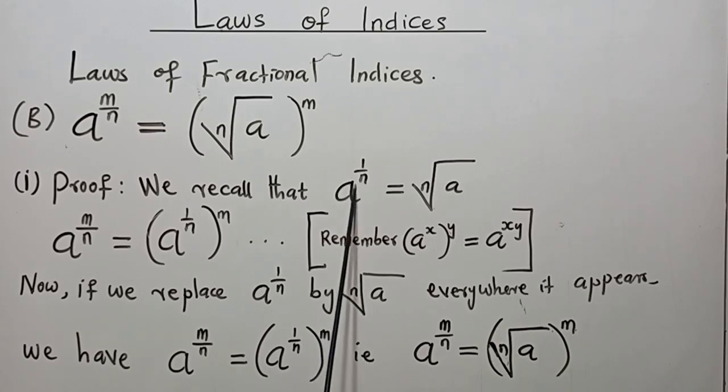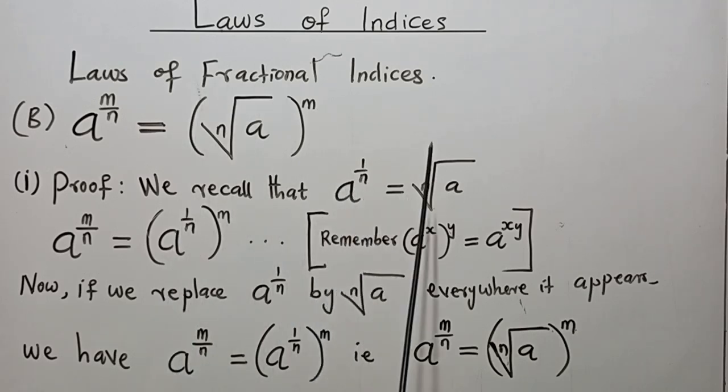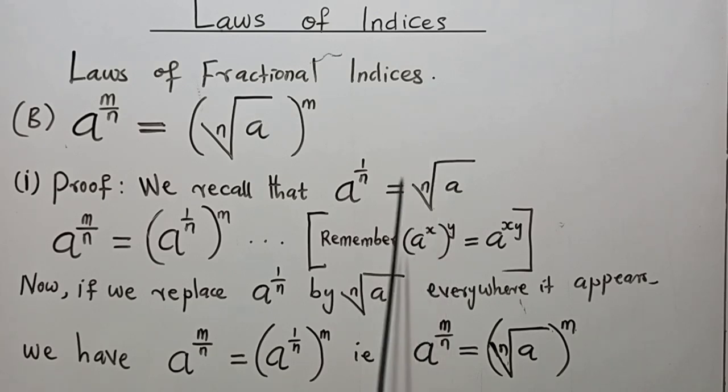That means we can push away this, wherever it appears, and write this in its place. Now, this appears here. We want to push it away and take this to replace it. Look at where it has happened. This a to the power 1 over n no longer is here. It is now this that has come to replace it, since the two are equal. But the m, which is the power, has remained unchanged. Therefore, a to the power m over n is equal to the nth root of a, all to the power m.